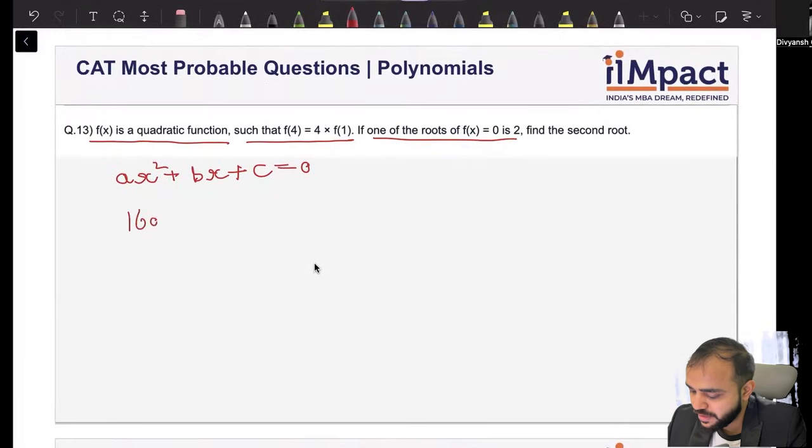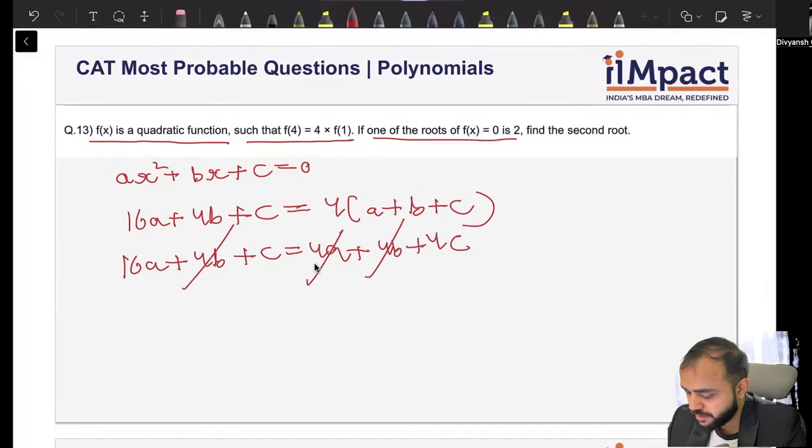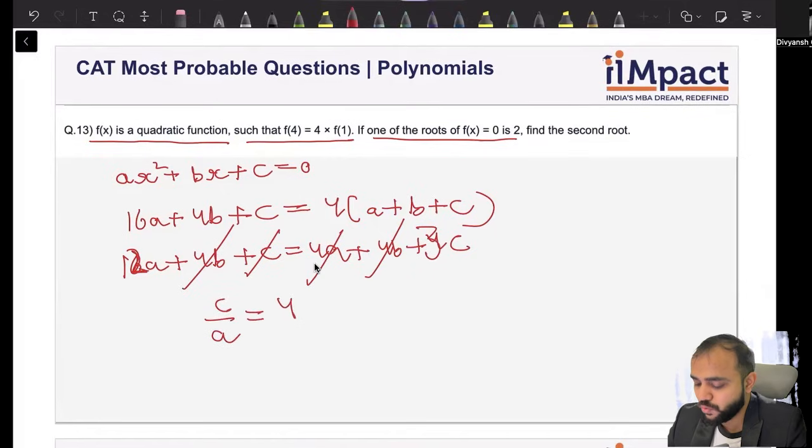I'll get 16a plus 4b plus c is equal to 4 times f of 1, which is a plus b plus c, or 16a plus 4b plus c is equal to 4a plus 4b plus 4c. 4b, 4b cancel. 4a will make this 12a and this will become 3c. So I will get c by a is equal to 4.